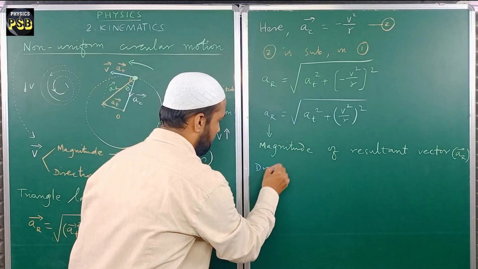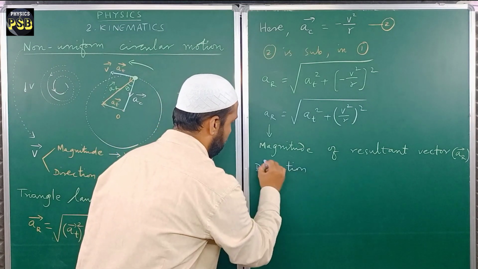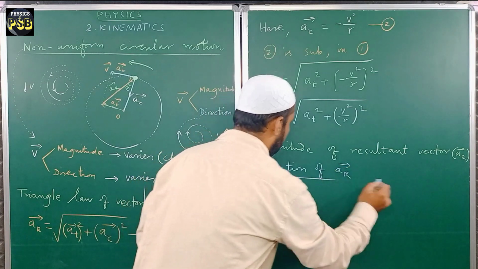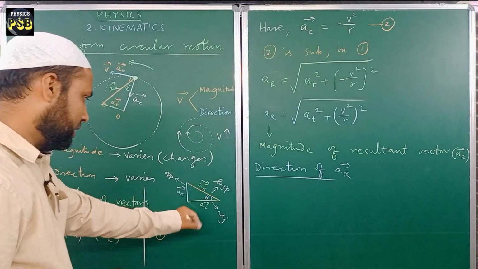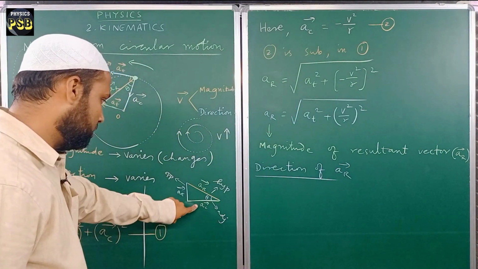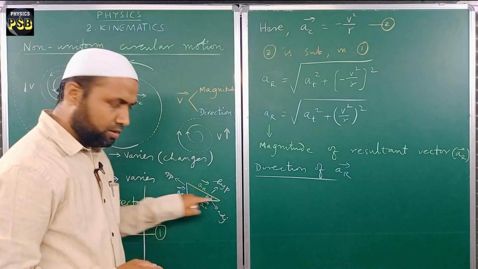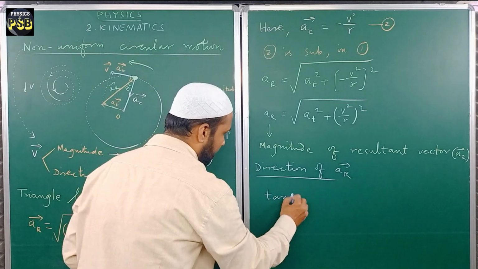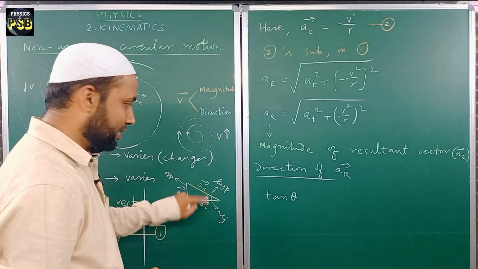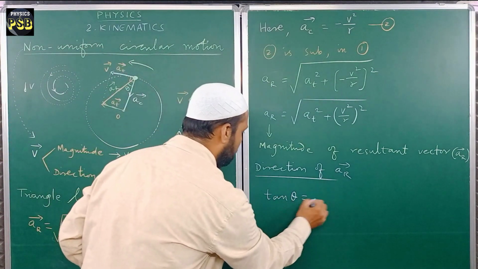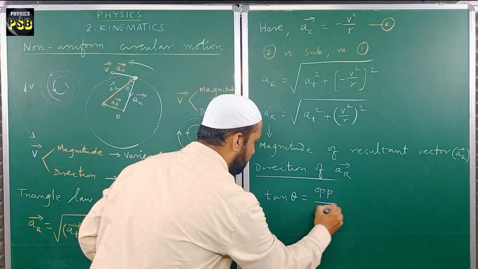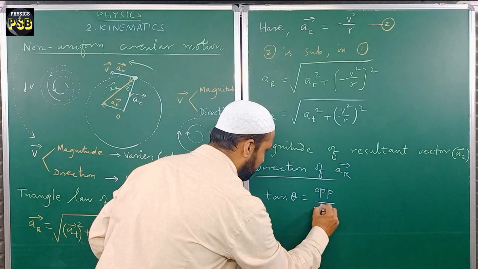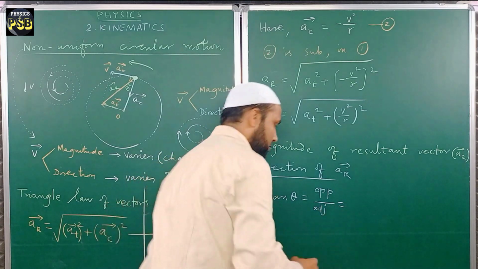Direction of the AR vector. How to get that? It's too simple. It can be obtained from this triangle. Tan theta. Take the tangent of this angle theta. What is that? Opposite side divided by adjacent side. What is the opposite here?